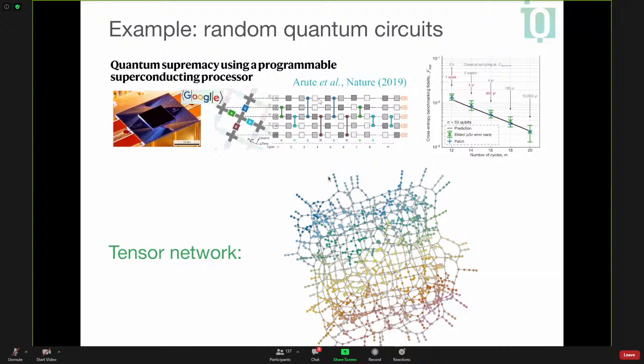These are the initial state or the final state. This is a circuit for a single amplitude, evaluating a single amplitude of the circuit. And so to simulate that quantum circuit or sampling one amplitude of that circuit, I would have to contract this big tensor network, okay?